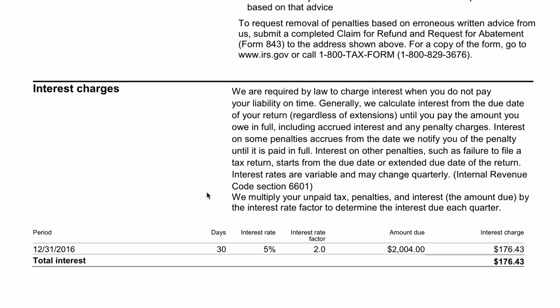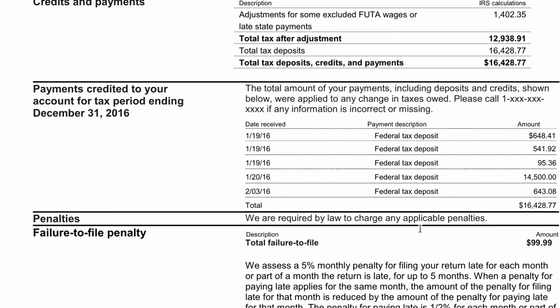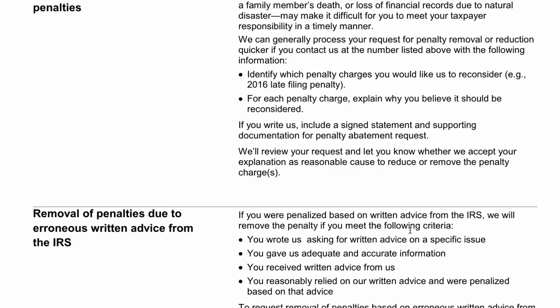But that does not look like it's the case here. So I'm not exactly sure how this interest was calculated, nor where this $2,004 came from. I don't see anything up here related to that.